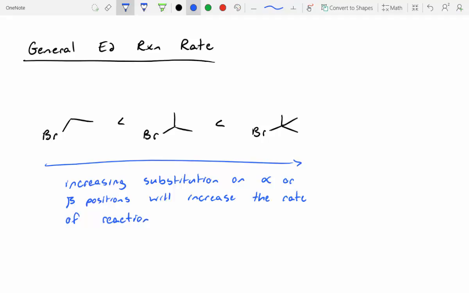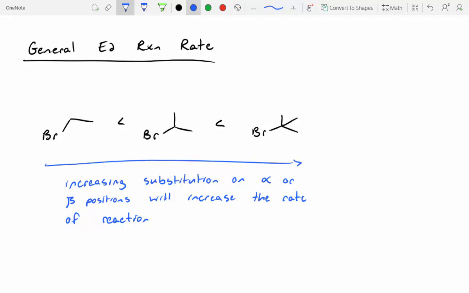Which is a little bit weird, because with SN2 we actually said the more stuff you had hanging off, the slower it would be, where with E2 it's the opposite. The more substitution you have coming off of your electrophile or the position where the leaving group's attached, the faster that reaction will be. So this is kind of a weird deviation from the SN2 priority list. Does that make sense?